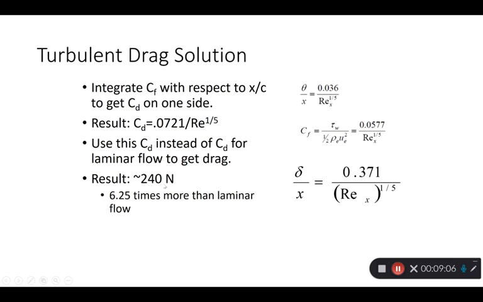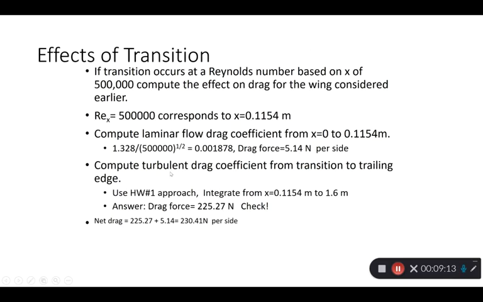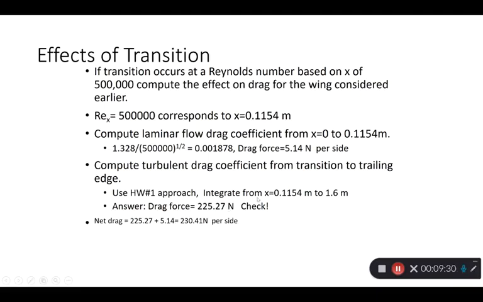Because part of the flow was laminar, it was not all turbulent, you get lower drag. So if you could make the whole airfoil laminar, you'll get 40 newtons. If the whole airfoil was turbulent, you'll get 240 newtons. If the airfoil is transitioning, you get between the two numbers, roughly 225 newtons. So this type of numerical problem you are now able to do.